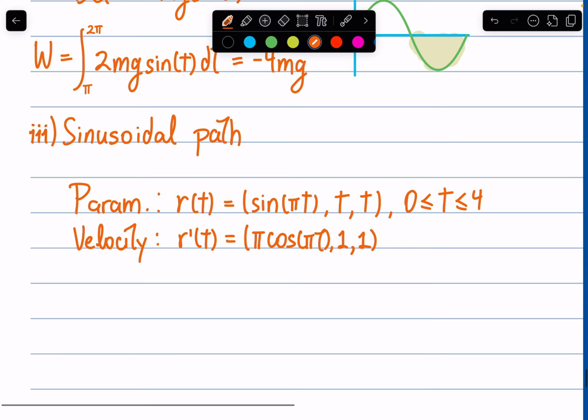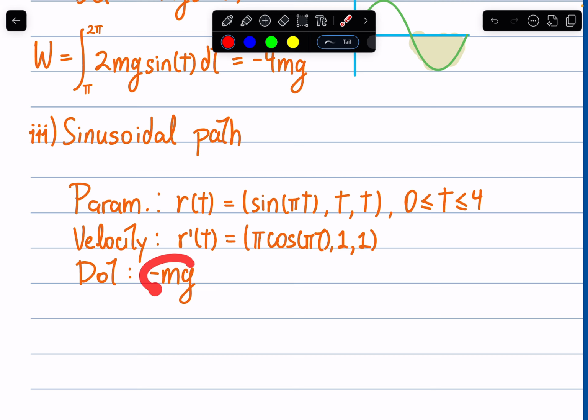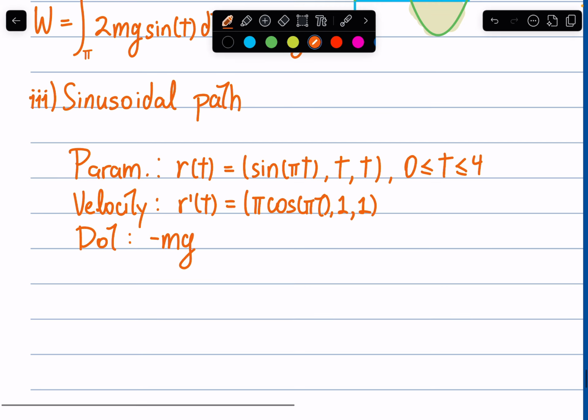Taking the dot product leaves us with negative mg, because our vector field, remember, is (0, 0, -mg), so multiplying by the last coordinate leaves us with just negative mg. We now integrate to observe the same phenomenon as before.